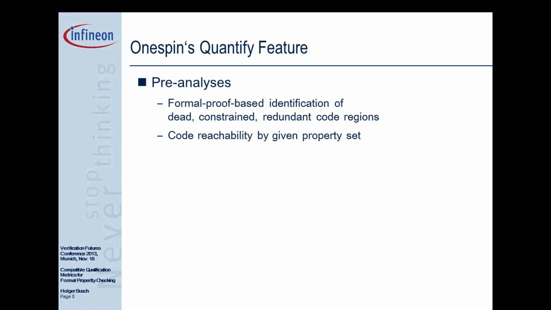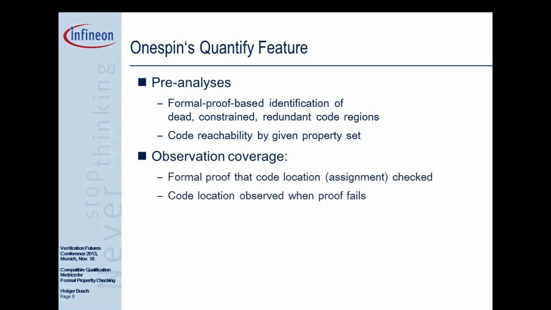A very basic feature is to do some code reachability analysis by a given property set, where a kind of internal simulation is being done. And then the stronger part of this, where formal proving really has to be done, is to compute observation coverage.